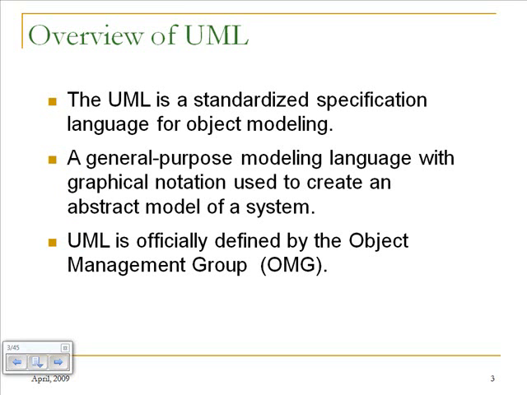So UML is a standardized specification language for object-oriented modeling. And it's a general purpose modeling language with graphical notation used to create an abstract model of a system. And it's officially defined by the Object Management Group. And so UML is a standard. Okay? So any company that's producing object-oriented software, they're going to use UML.